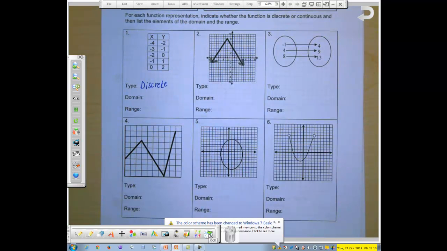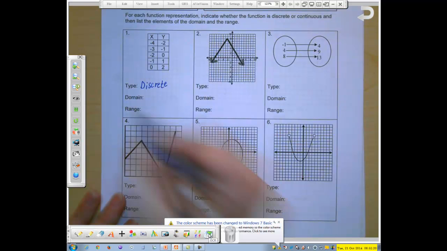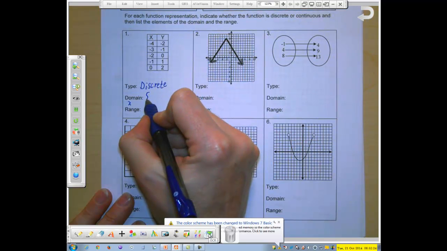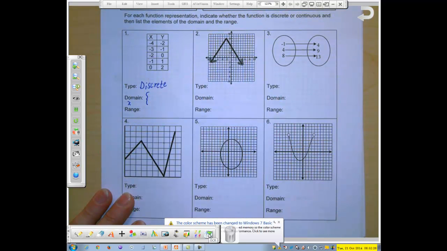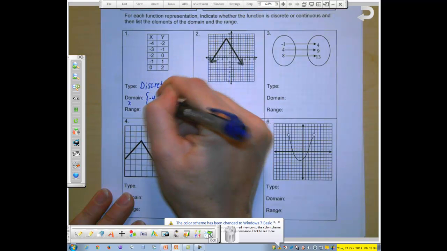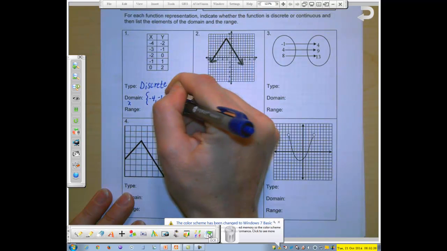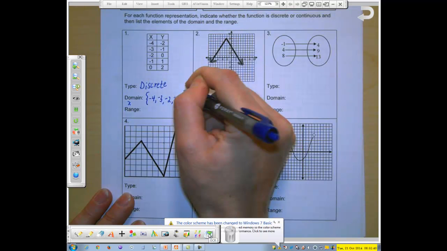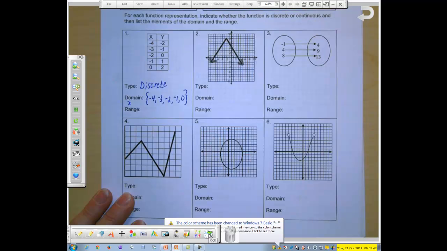Now we want to list the elements of the domain. So the domain is all of the x values. So we're just going to open up some squiggly brackets like this, and we're going to list from smallest to largest every x value. So -4, -3, -2, -1, and 0. That would be our domain.